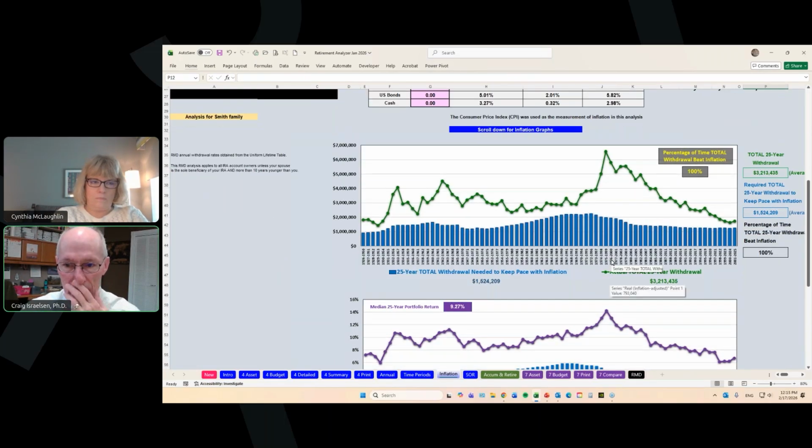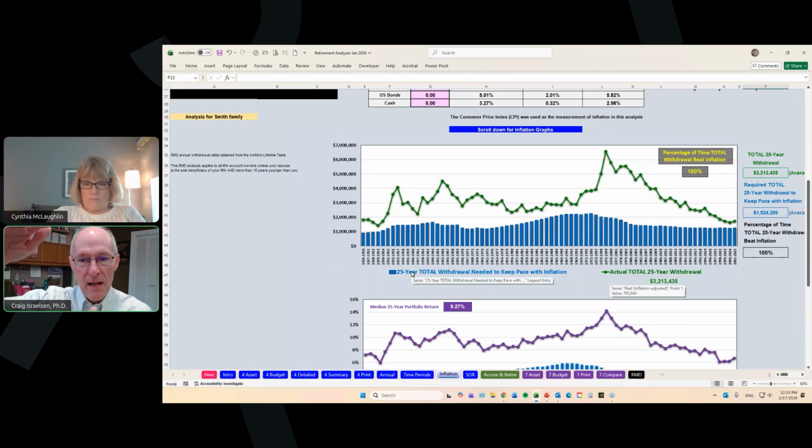So let's do this. Here's the first graph. Over these 25-year periods, where we're using the actual CPI inflation for each rolling 25-year period, I'm not looking at the average inflation over a 25-year period. I'm looking at the year-to-year inflation as it actually occurred over rolling 25-year periods.